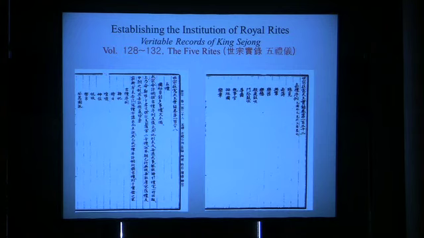there was this thing called the Veritable Records of King Sejong. Now, each reign had its veritable records in Korean history. And King Sejong's veritable records are unique in that they have other things such as this one, the five rites.